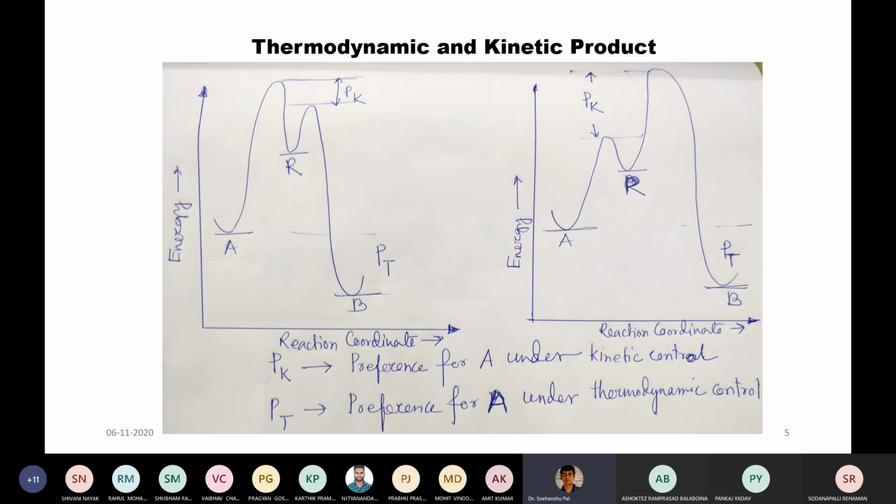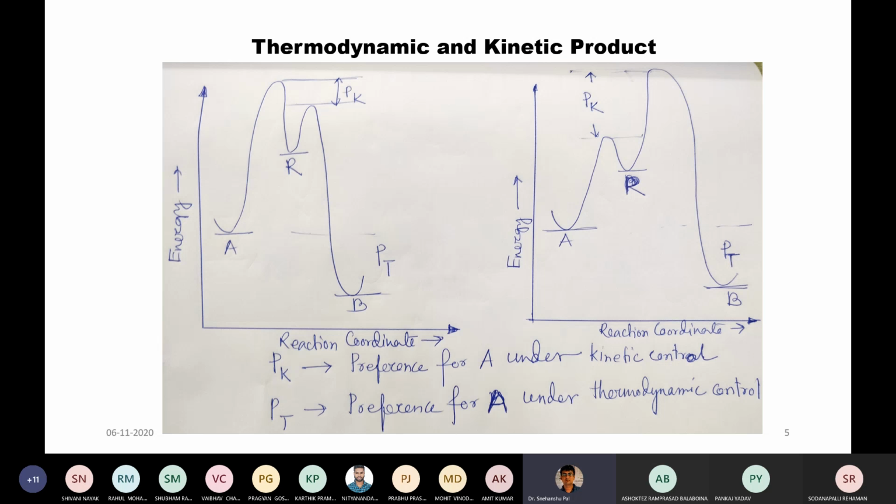If you name PK as the preference for A under kinetic control and PT as the preference for A under thermodynamic control, you see in the first figure PT is much higher with respect to PK, so there will be thermodynamic control. In the second figure, PT is lesser with respect to PK, and you can see there is a difference between the preferences.